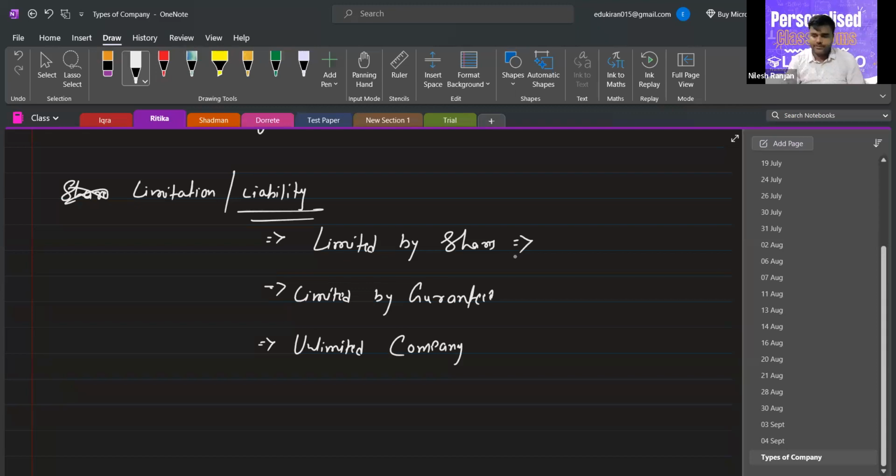Limited by shares. Okay. So first of all, there is a feature of partnership. It is also a feature of proprietorship. If you remember, unlimited liability. Can you tell me what it is?